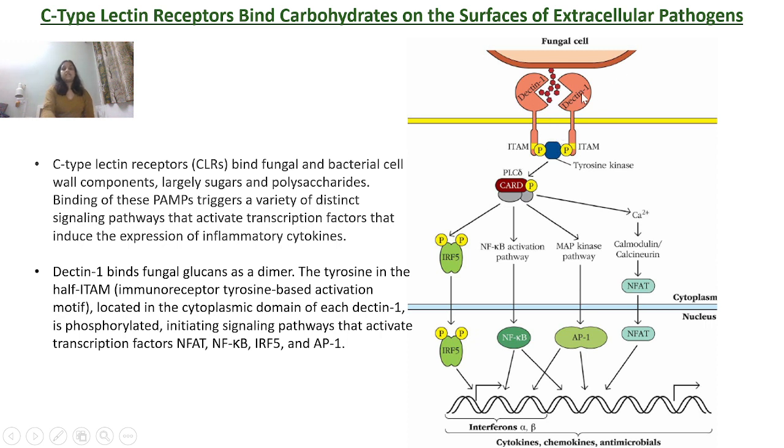So here we can see two different types of receptors. Dectin-1 is a type of C-type lectin receptor. This is a fungal cell wall and there are molecules present. Dectin-1 binds to these molecules, which is a glucan, and they dimerize. As in TLR there was a TIR domain, here there is an ITAM domain.